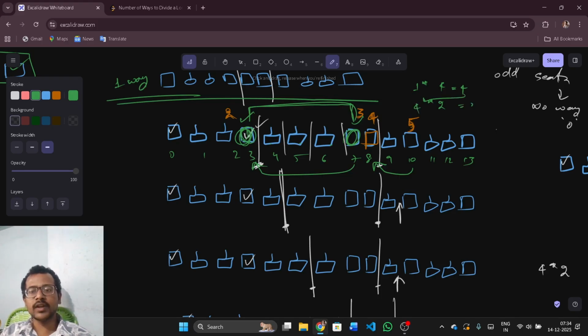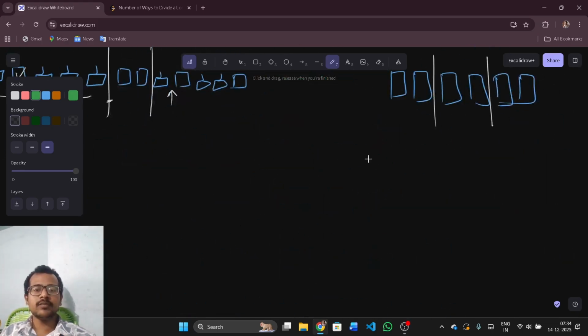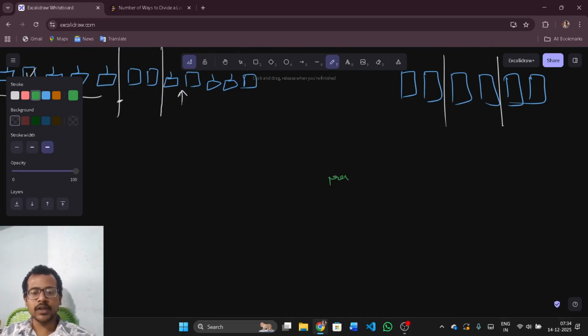Nothing but 4 into 2 will give us 8. Which is nothing but I'll just have the previous, where I have the multiple of 2, nothing but 2 seats or 4 seats or 5 seats and all.